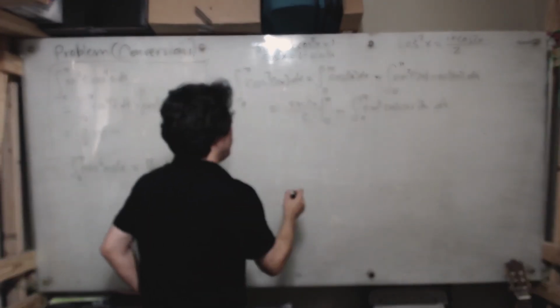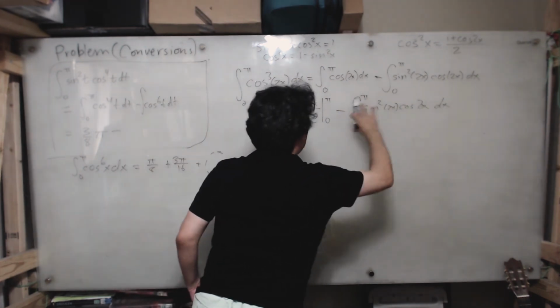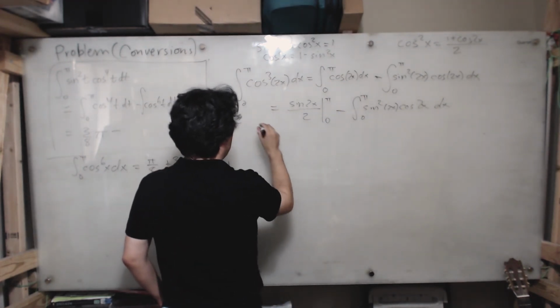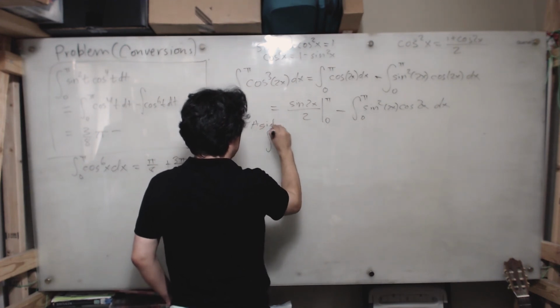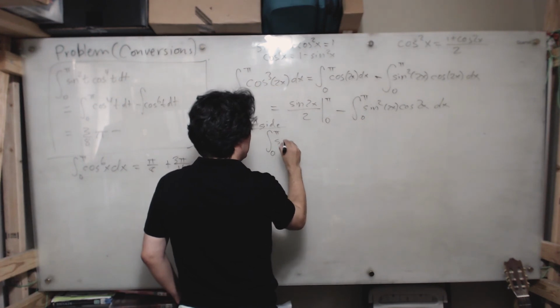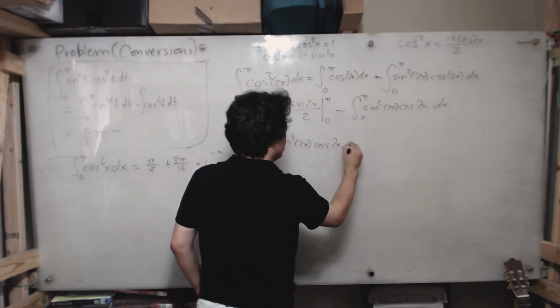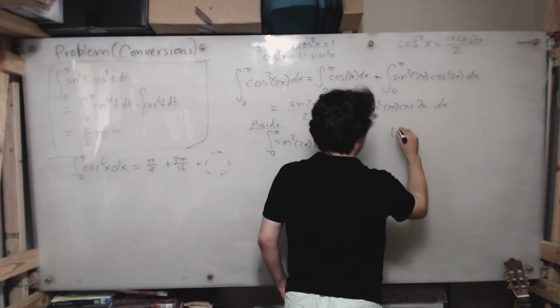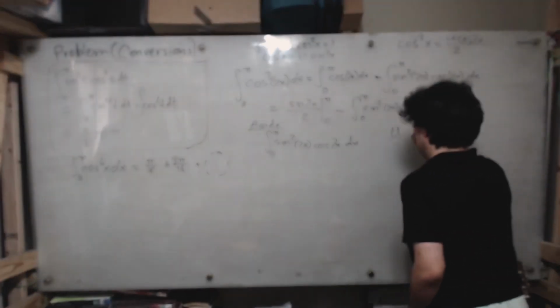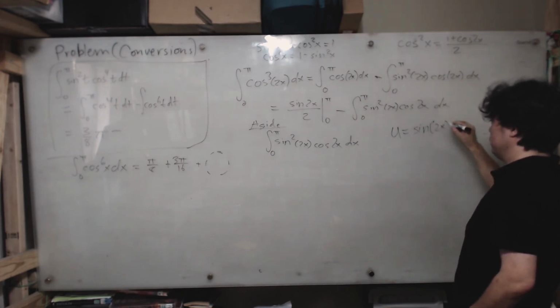First of all, I'm going to make a little aside, and just focus on this part here. The integral from 0 to pi of sine squared 2x cosine of 2x dx. Let u equal the sine of 2x.